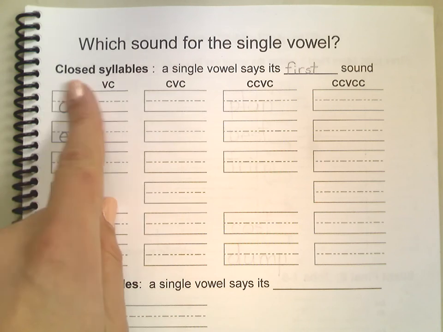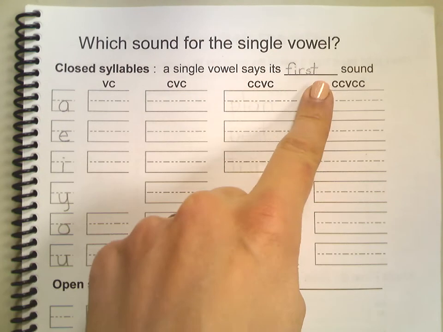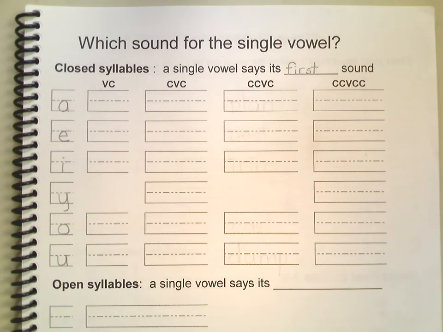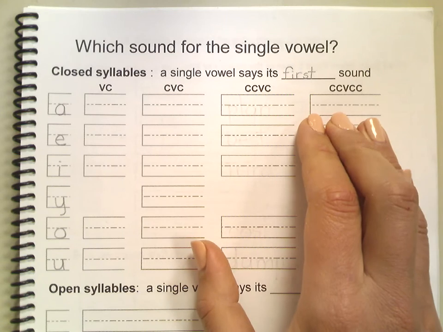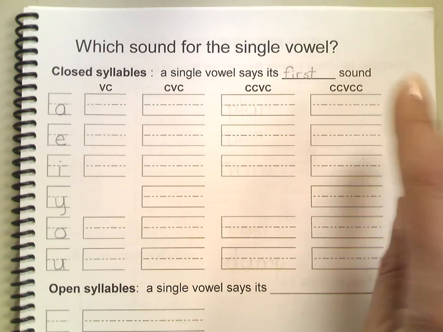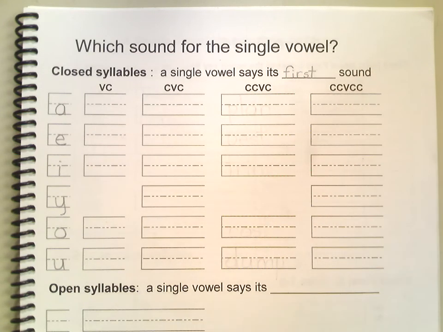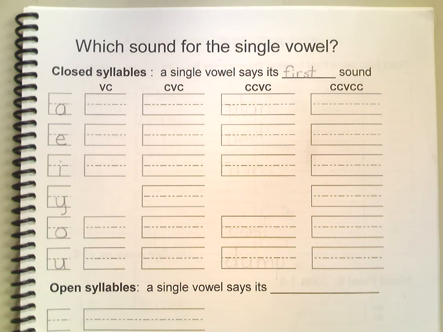Okay, so in a closed syllable, a single vowel says what sound? Good, its first sound. So we had a closed syllable, 1-syllable word today, which actually had 5 letters. So we're going to put it in our 4th column over here, and the word is slept. So which vowel did we use in slept?